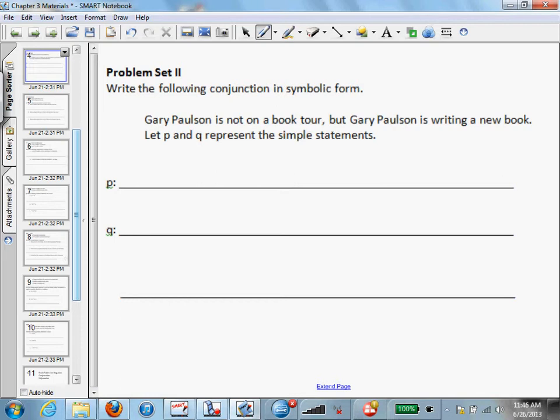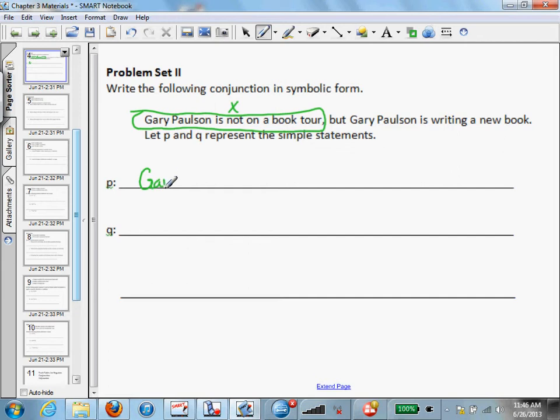Looking at problem set 2, we're to write the following conjunction in symbolic form. Gary Paulson is not on a book tour. Gary Paulson is writing a new book. Let P and Q represent simple statements, and then we'll write the conjunction of it. So for P, let's take this first part, and let's not include the negative, so that we have just a simple sentence.